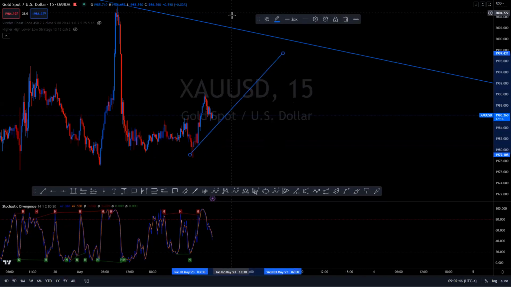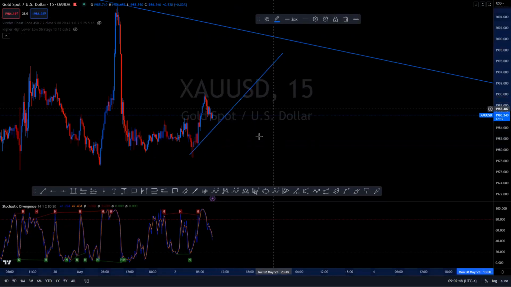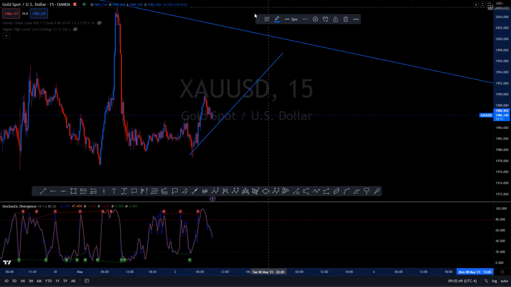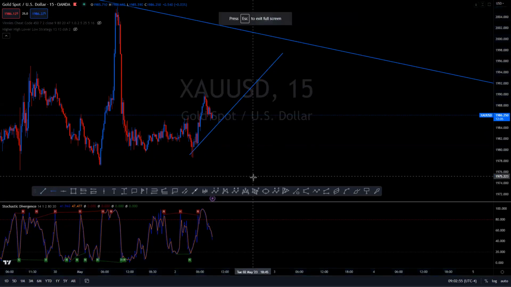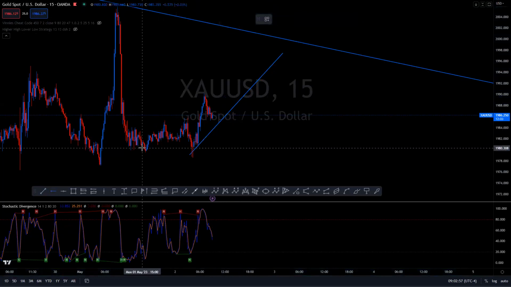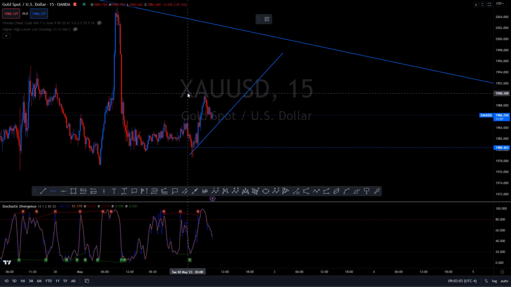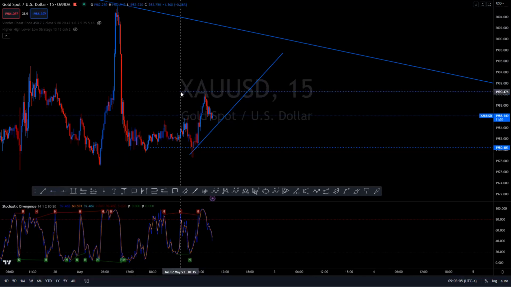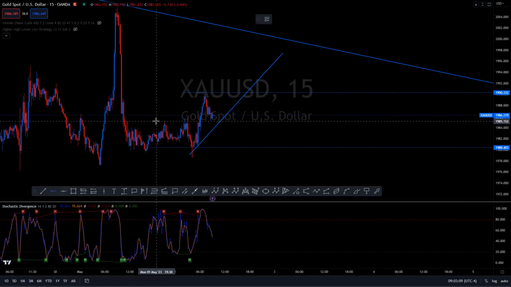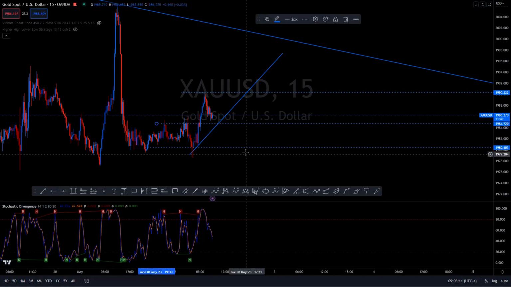I'm going to draw a trend line here, and then we're going to draw a trading range. We're going to go through this most recent swing low here, and then all the way up to this swing high here. When we look at the breaker structure, we look at this previous breaker structure right there.